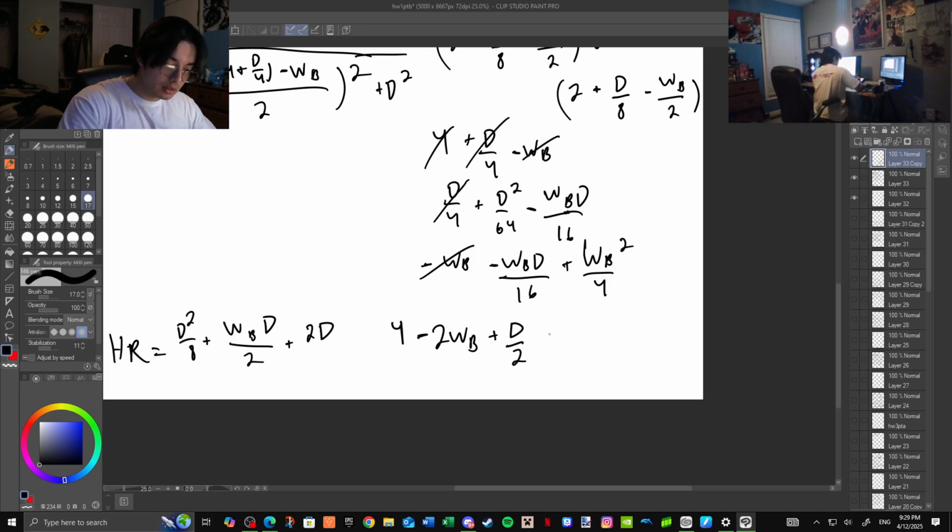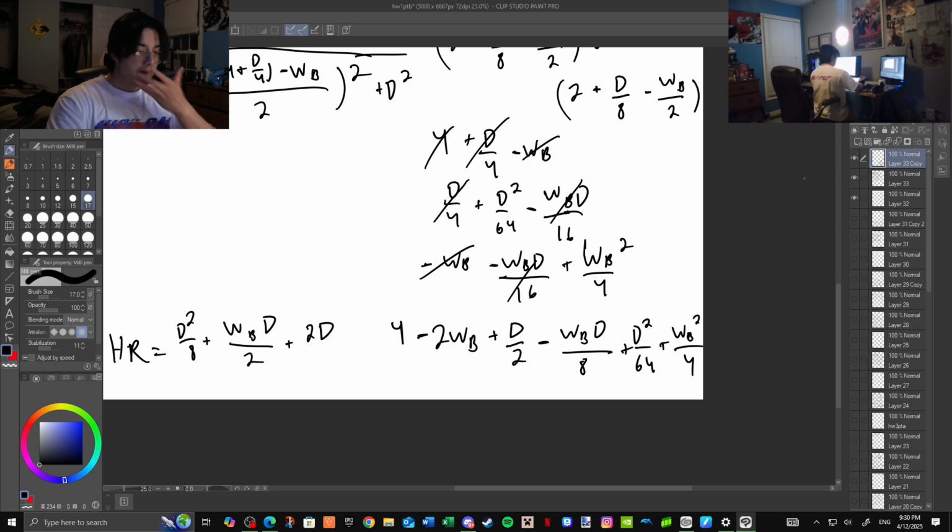We have negative 2 WBD over 16, plus D squared over 64 plus WB squared over 4. And that will be the wetted perimeter, this whole thing. I have a feeling we can combine some of these.